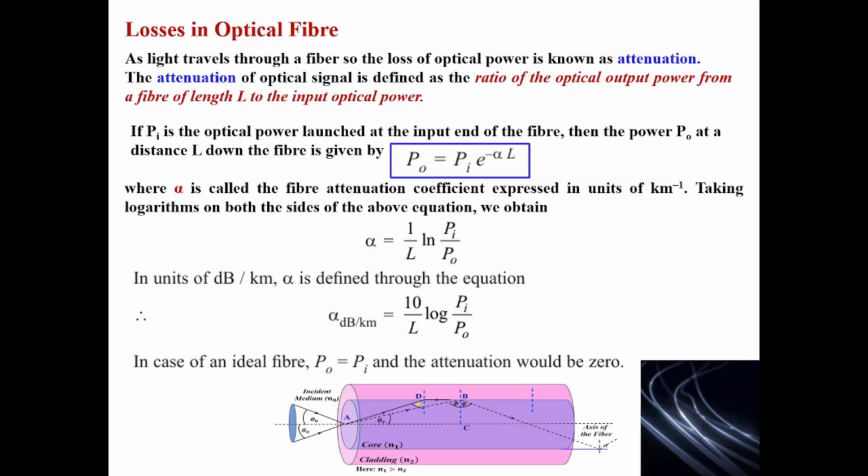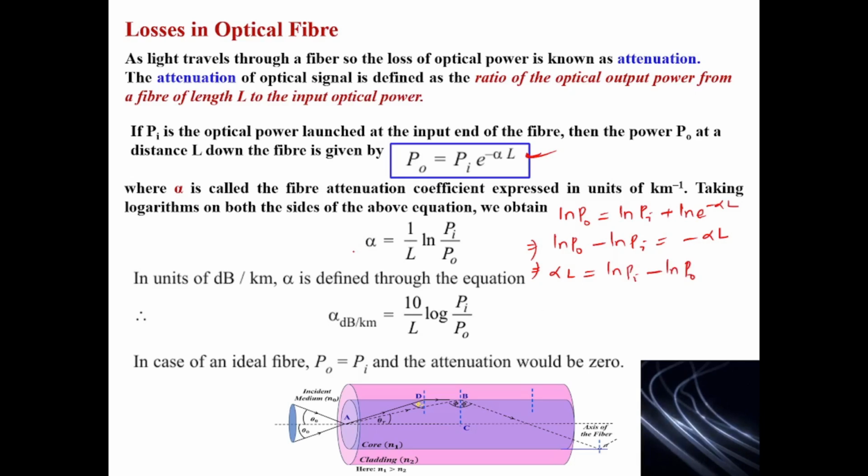Now consider the natural logarithm of this expression. On both sides, I am going to take the log. So ln Po will be equal to ln Pi plus ln e to the power minus alpha L. That implies ln Po minus ln Pi equal to minus alpha L. That implies alpha L will be equal to ln Pi minus ln Po.